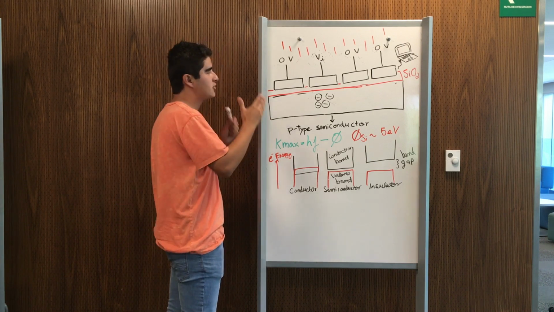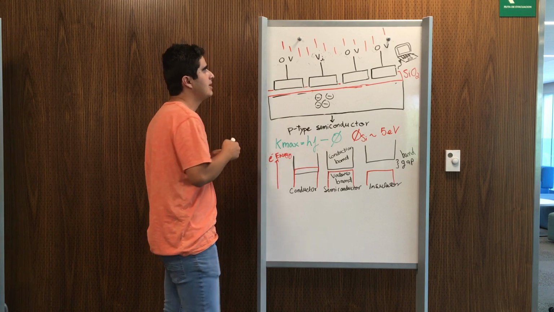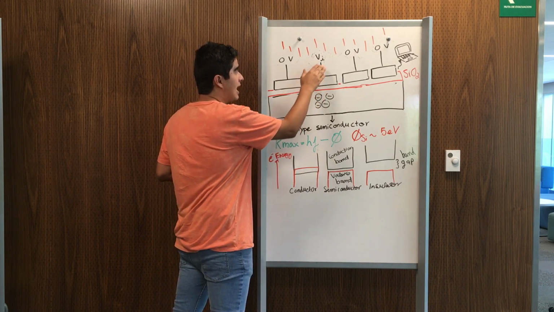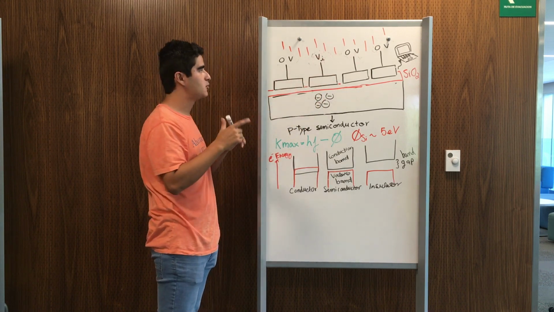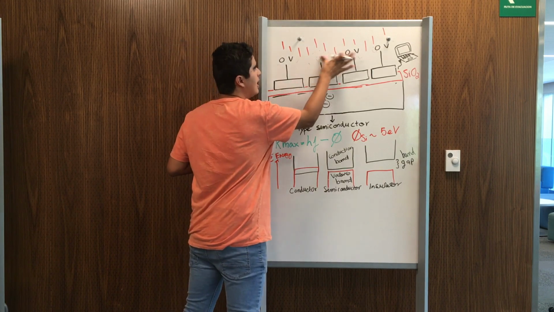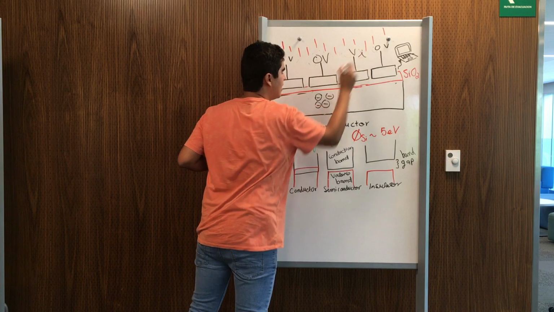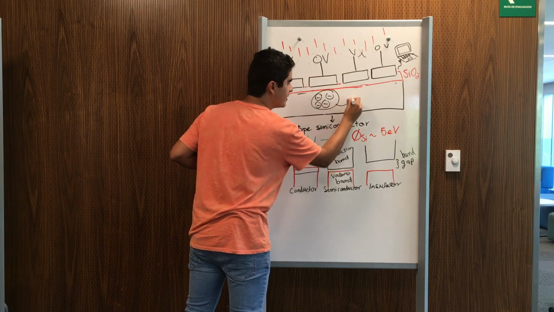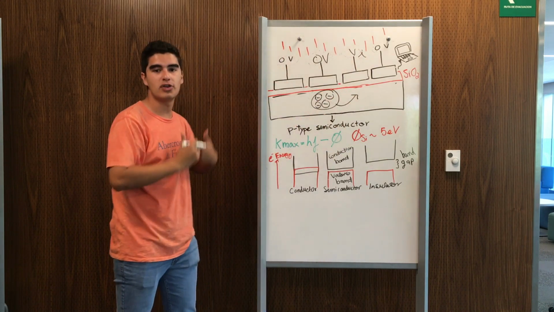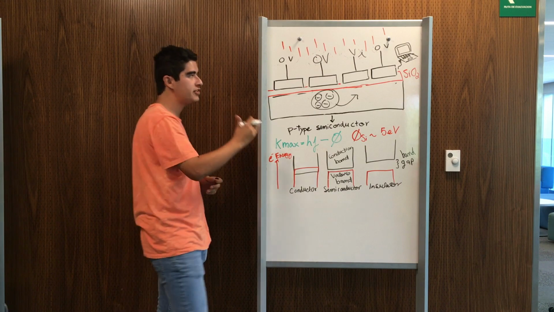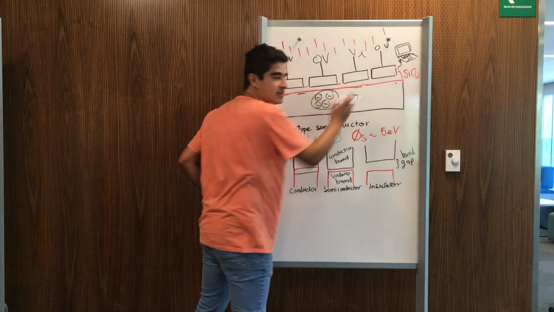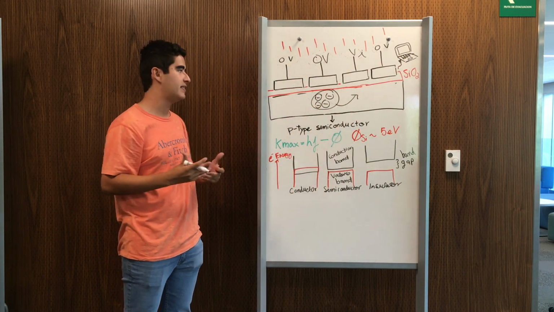When trying to read this sensor, a potential difference is swapped between the electrodes. And this way, charge is transferred to the next pixel until charge gets to a computer where the signal can be analyzed.